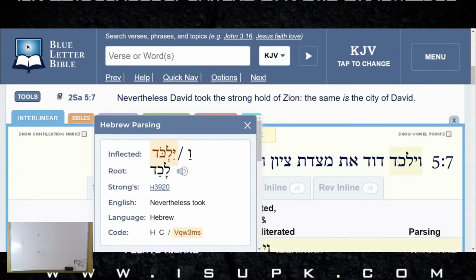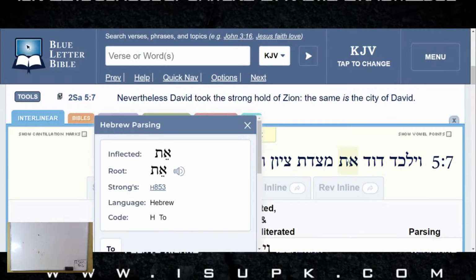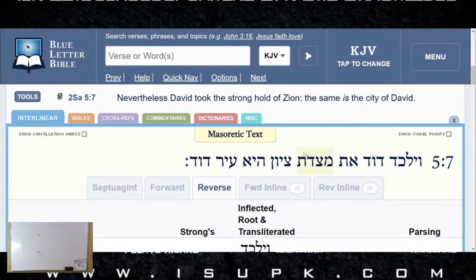So and he went David or and he took David or nevertheless, which they use this wa for right here. Nevertheless, took David. Specifically. Right here, this has no meaning, just so y'all know. It's to show direction. Nevertheless, David took the stronghold of Zion.